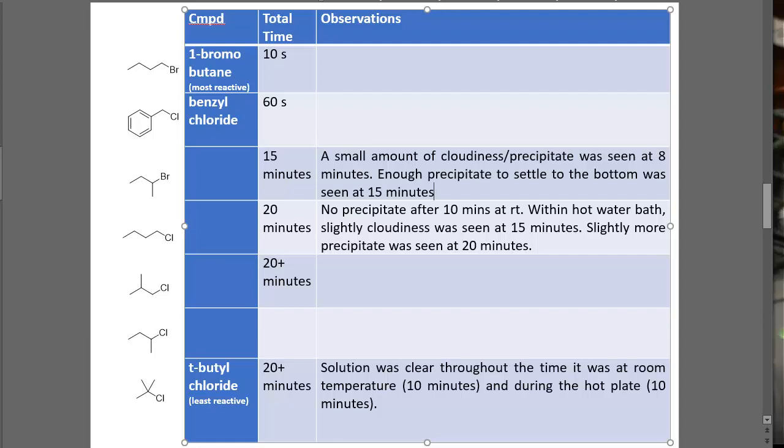We'll talk about that order of reactivity and why this 1-chloro-2-methylpropane is expected to be faster than our 2-chlorobutane compound. So again, don't forget to fill in the rest of these places. Name the compounds that weren't named, give the time for this, and give the observations for all of them.